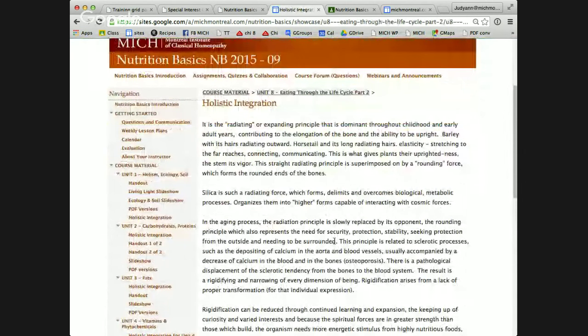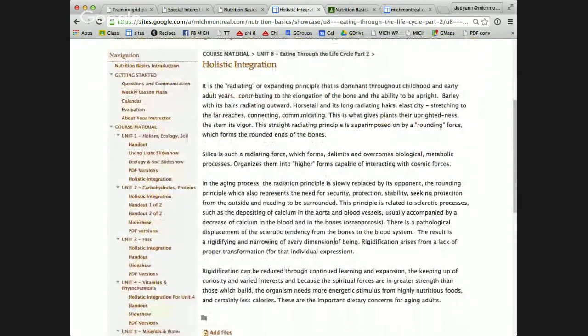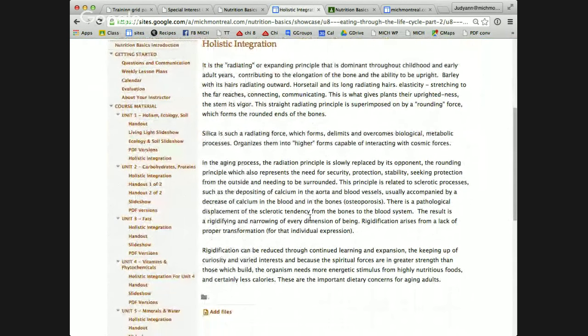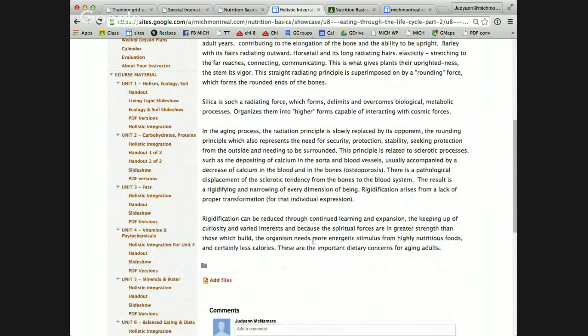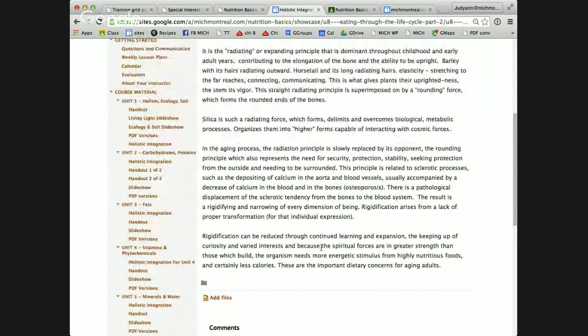Like, for example, in this holistic integration approach, we talk about the aging process and the energetic principle that is involved in the aging process that causes a rigidifying and narrowing of different dimensions from the bones to the blood system, and what is needed on all levels to counteract that rigidifying process, as well as the particular needs for the aging adult.